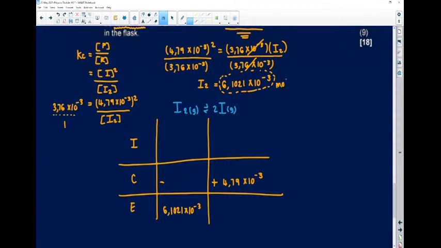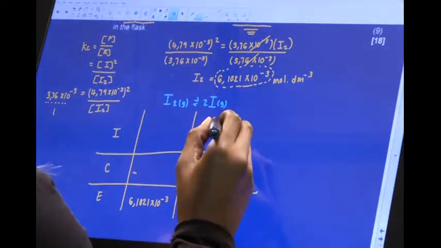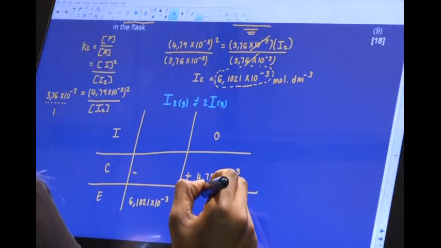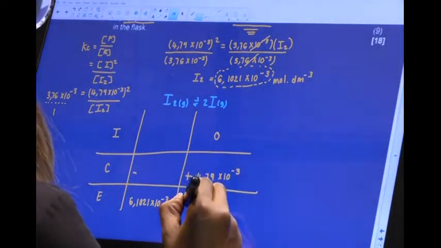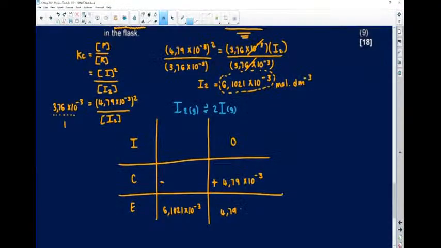Let me just write mole dm3 to show that that's concentration. Initially, I didn't have any products because remember, when you start a reaction, you've got no products, only reactants, right? So that would be 0. Now 0 plus 4.79 times 10 to the negative 3 will give you 4.79 times 10 to the negative 3.